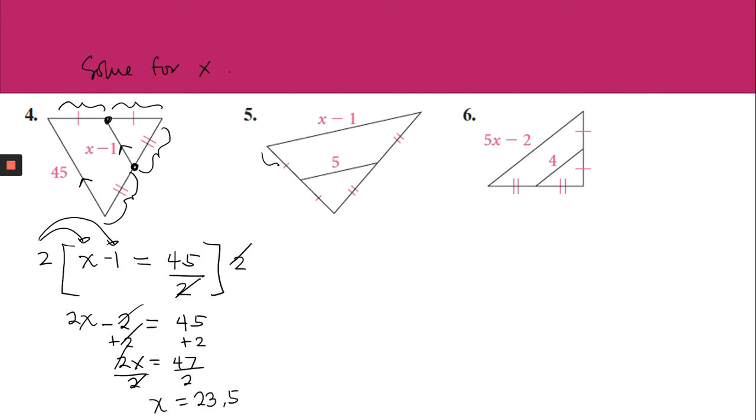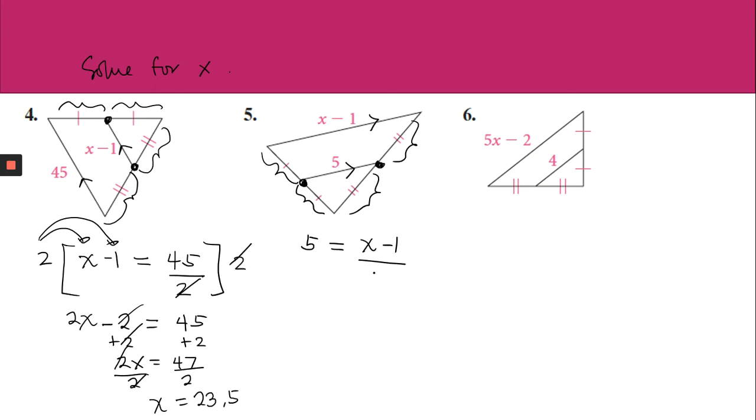Okay, let's have another one. Okay, this is equal to this. Therefore, this is a midpoint. This is also a midpoint because based on the markings, they are equal. So therefore, this is parallel to this side, these segments. Okay, so therefore, the mid segment, which is 5, is equal to half of x minus 1.